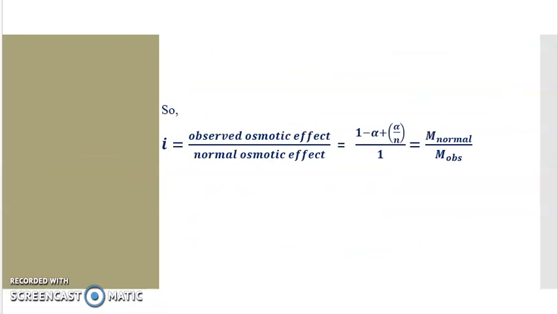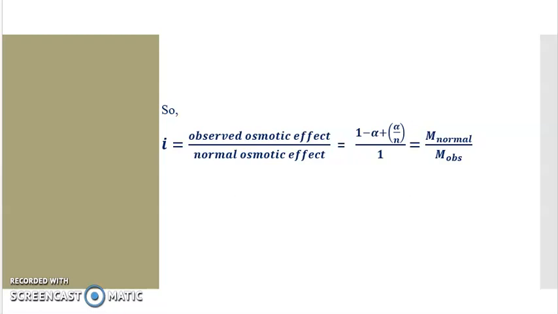Then we know i is equal to observed osmotic effect divided by normal osmotic effect, where osmotic effect is the colligative property. The colligative property is directly proportional to the quantity of solute in the solution. So what is the observed osmotic effect, or the total number of solute particles in solution in the experiment?